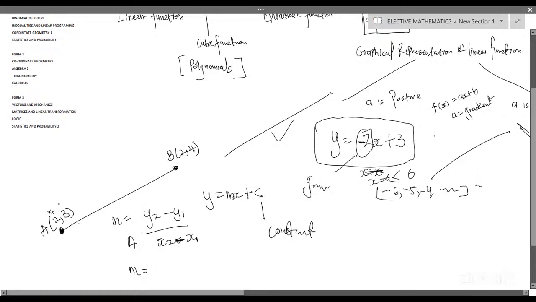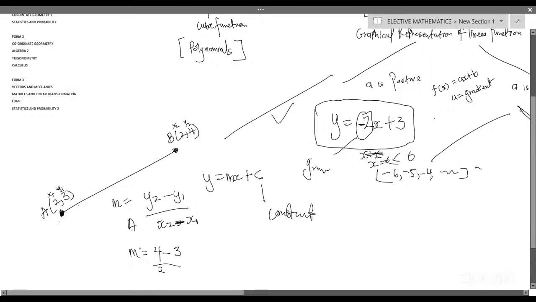Our gradient is y2, which is 4, minus y1, which is 3, divided by x2, which is 2, minus x1, which is 2. Good. So here, what is going to be 1 over negative 2, right? So it means our gradient is minus half.